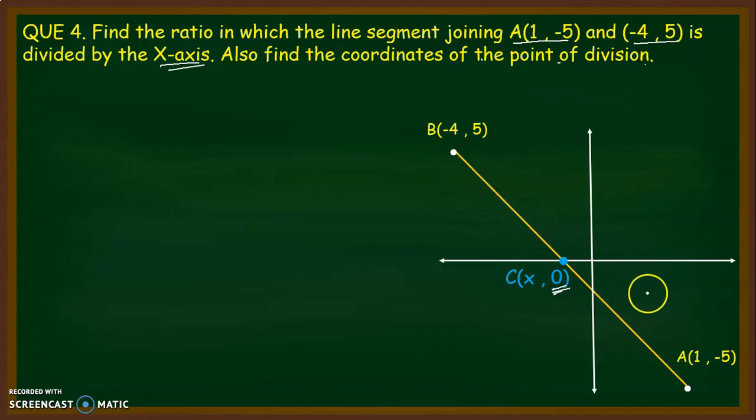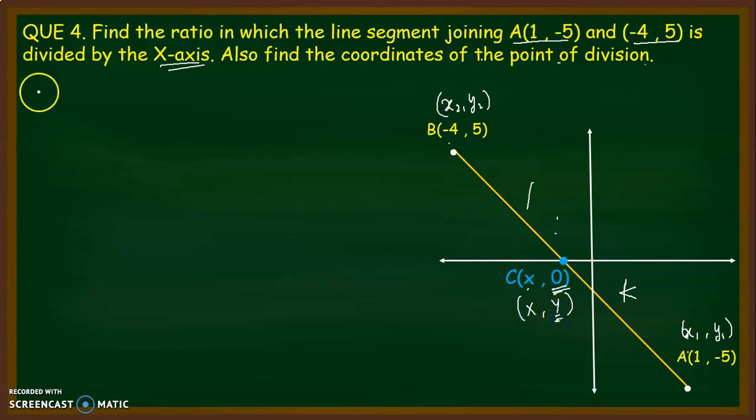Let's say the ratio in which this line is divided is k is to 1. So this is the first point x1, y1, this is the second point x2, y2, and this is x, y. The value of y is 0 here.